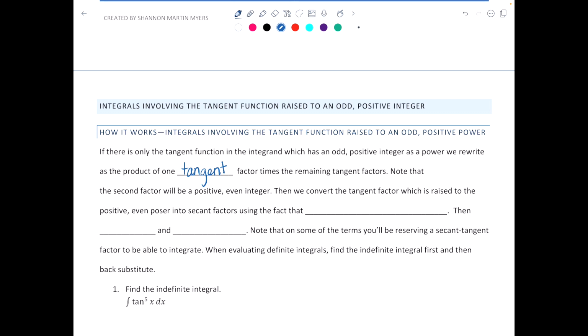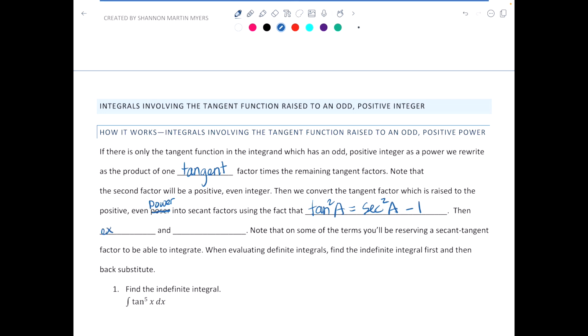Then we convert the tangent factor, which is raised to the positive even power, into secant factors using the fact that tangent squared at some angle A equals secant squared at that angle A minus 1.